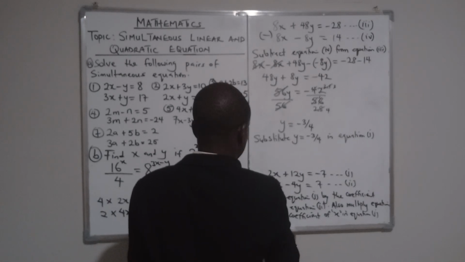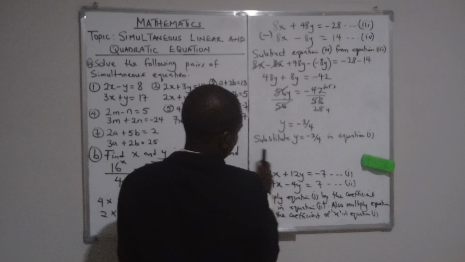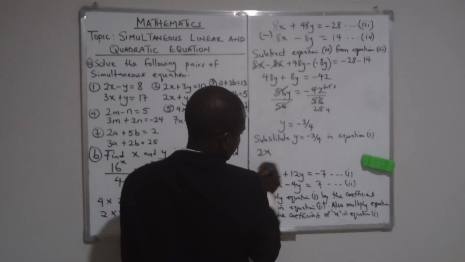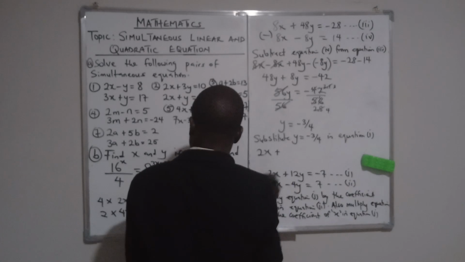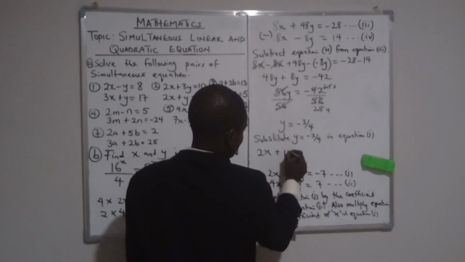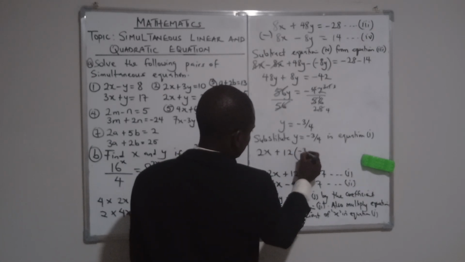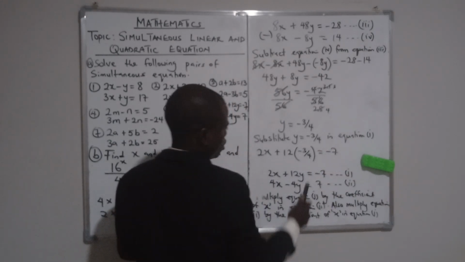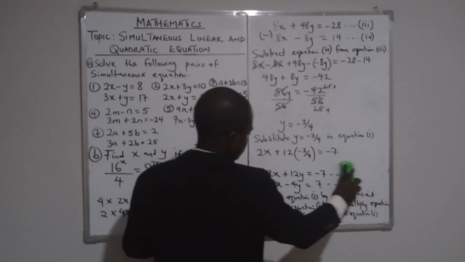Our equation 1 is 2x plus 12 open bracket minus 3 over 4 equals to minus 7. That's our equation 1.